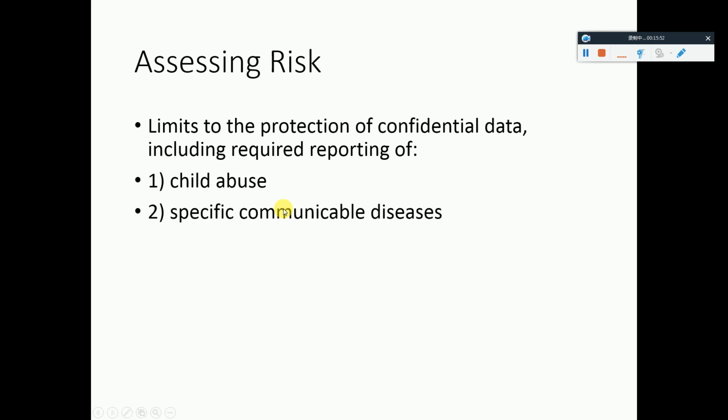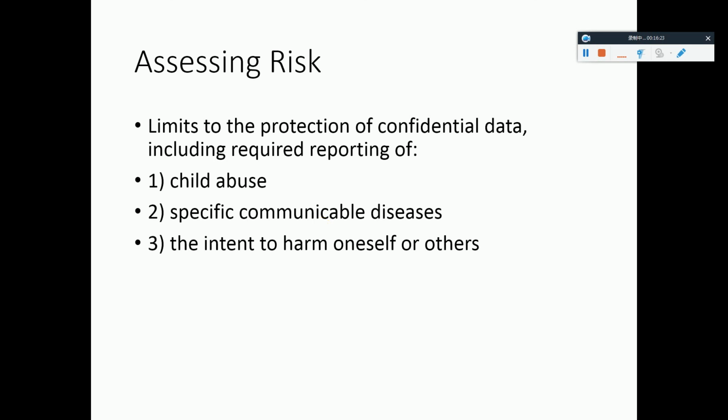Another required reporting is if through data collection the researcher becomes aware of a certain participant having a specific communicable or infectious disease, then for public safety reasons, the researcher should report this information to the appropriate authority.